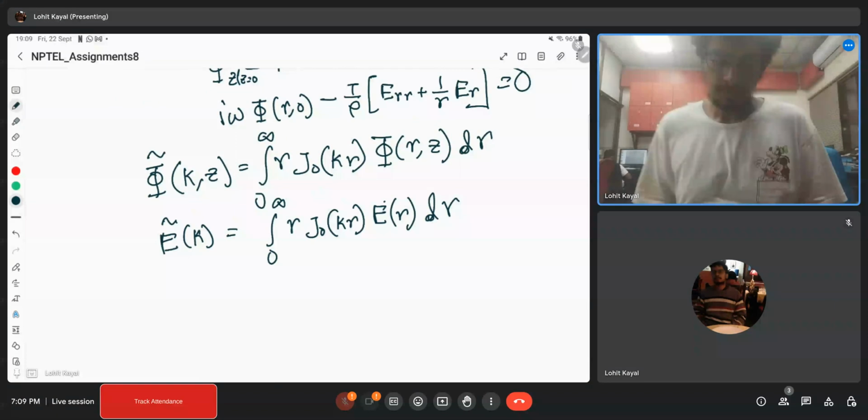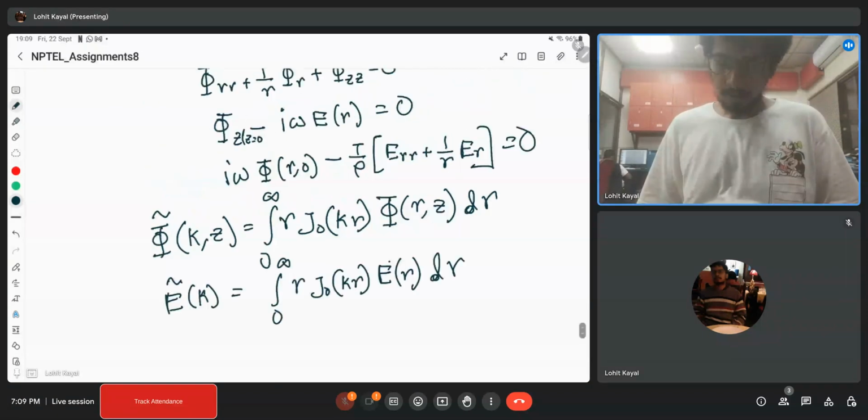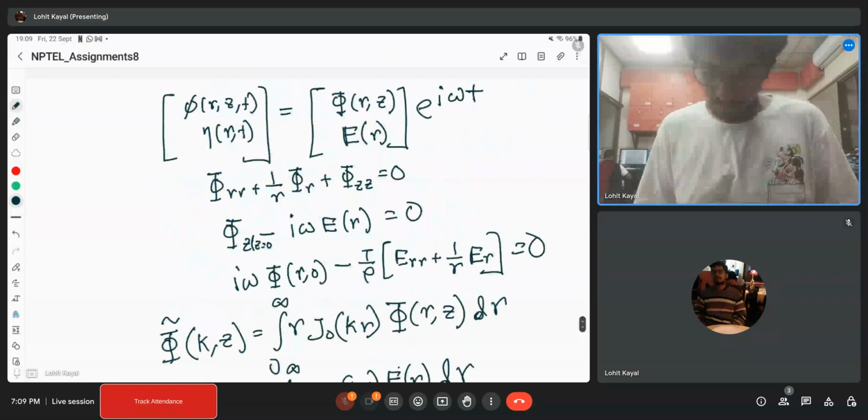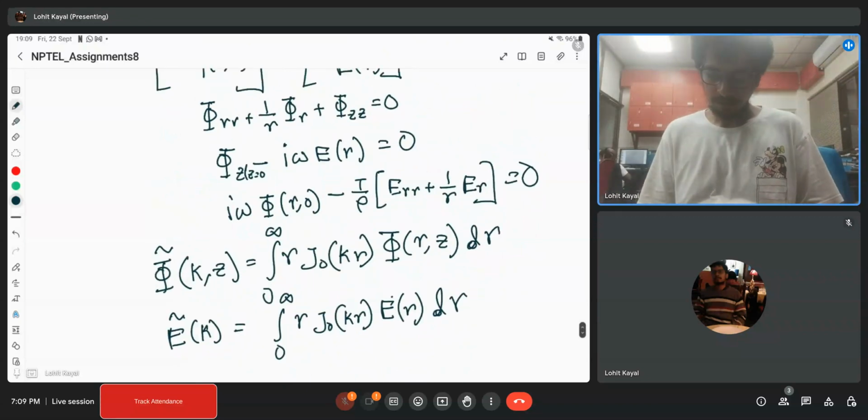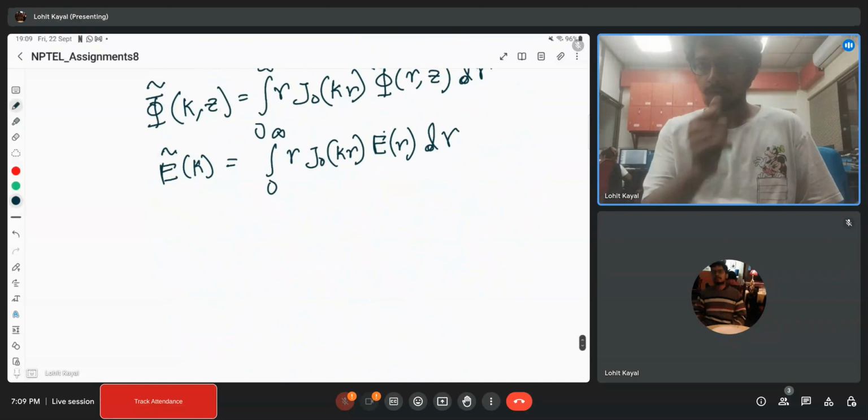One interesting property about the Hankel transform is like the Fourier transform, which was discussed in the class.